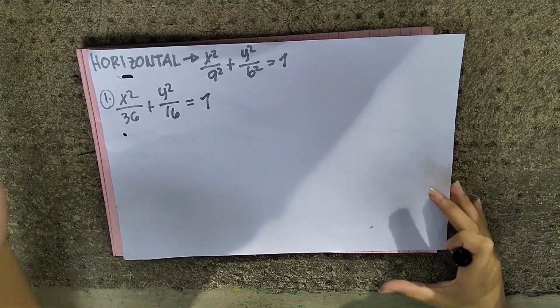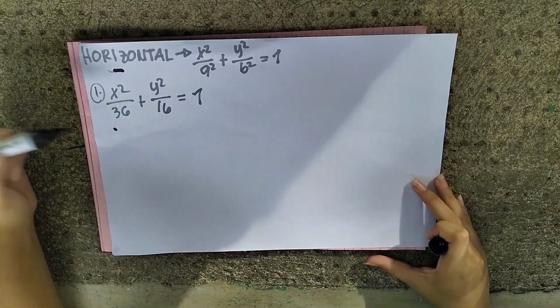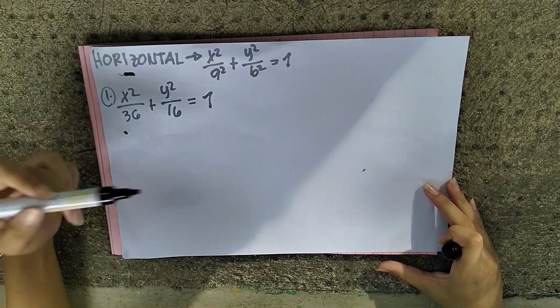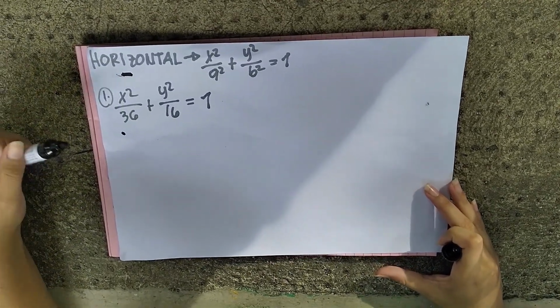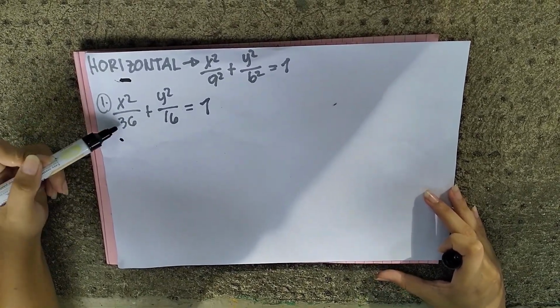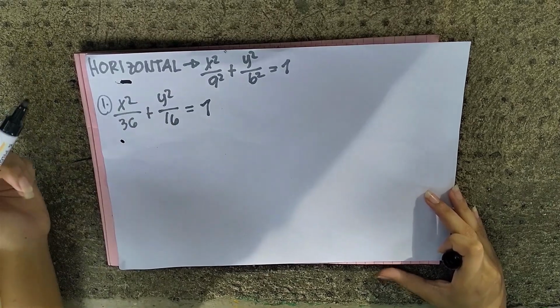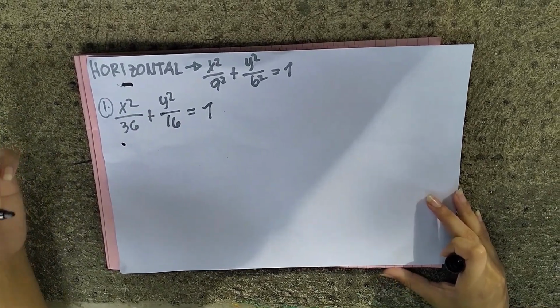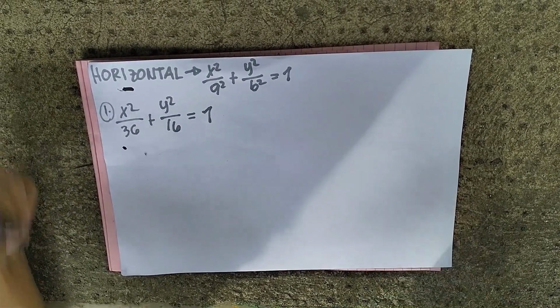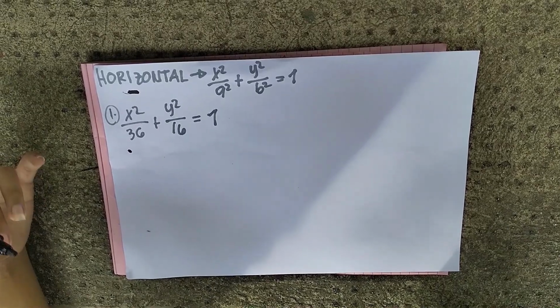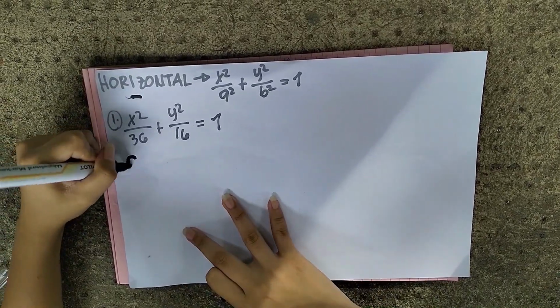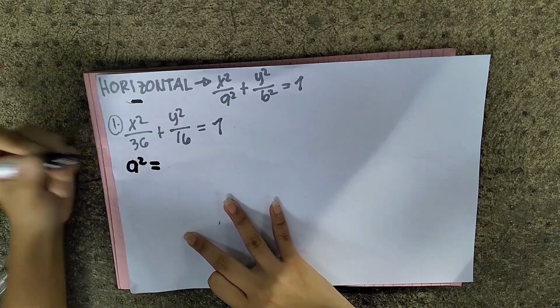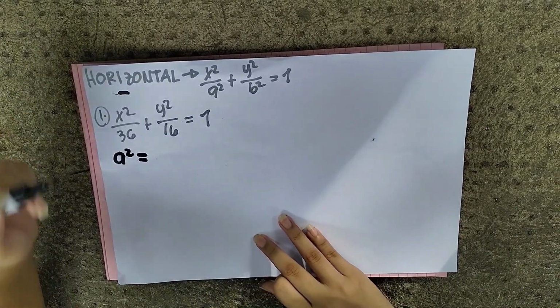So first example, x squared over 36 plus y squared over 16 is equal to 1. Notice that 36 is greater than 16. So with that, the equation we're going to use is the horizontal equation. So first step is getting the vertex. So we have a squared is equal to 36.